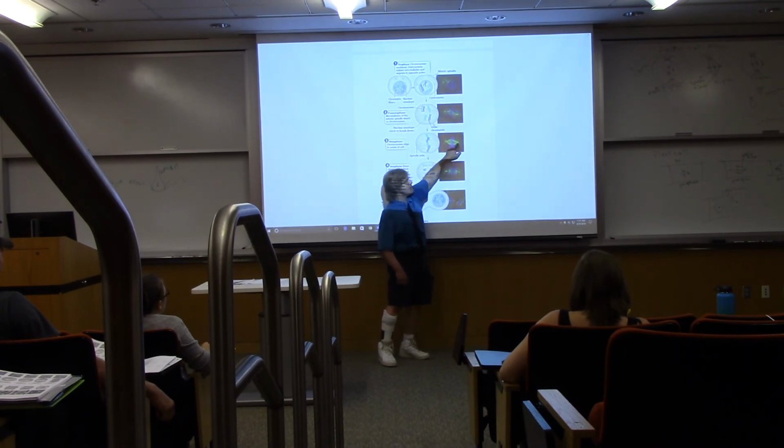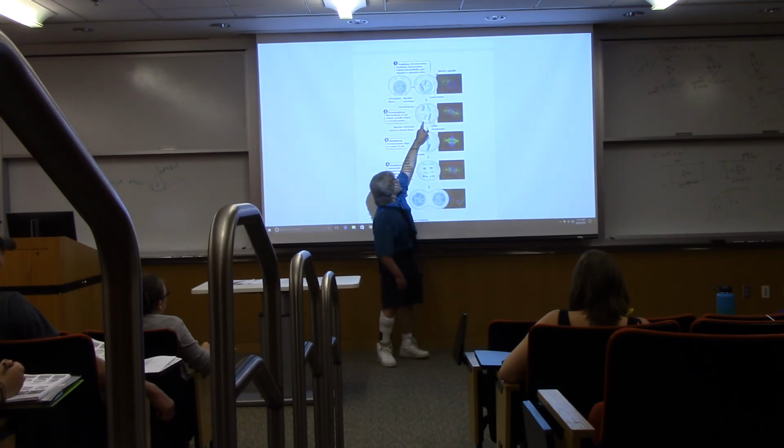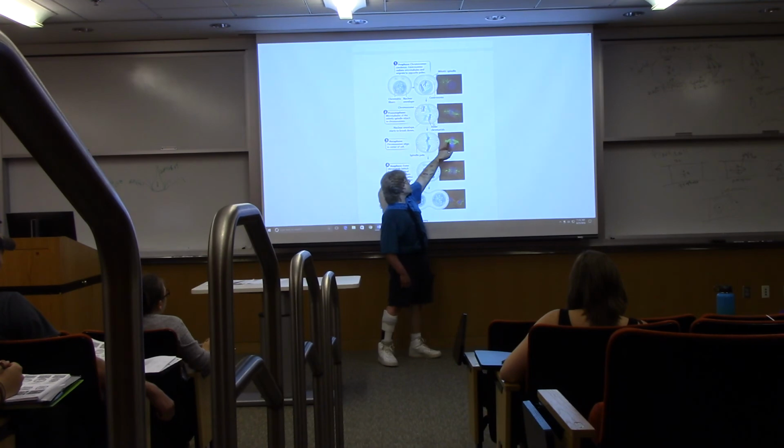These would be the pair of centrioles. And again, you can see the astral rays appear first. And then the spindle fibers in the metaphase.